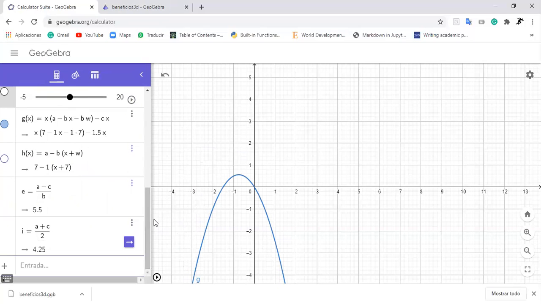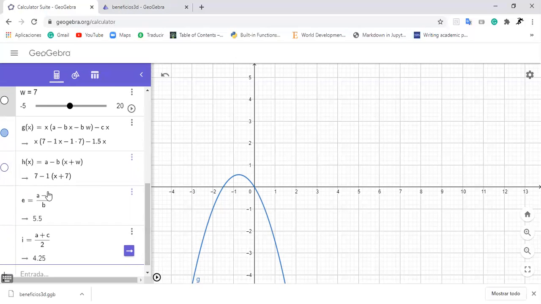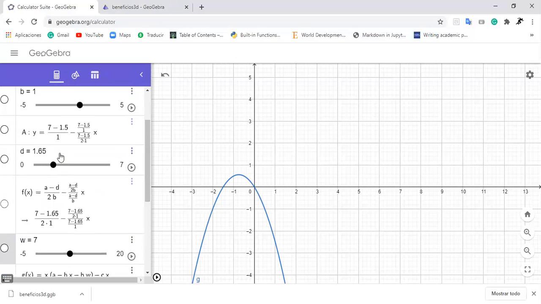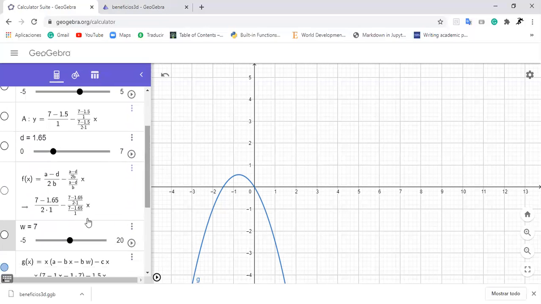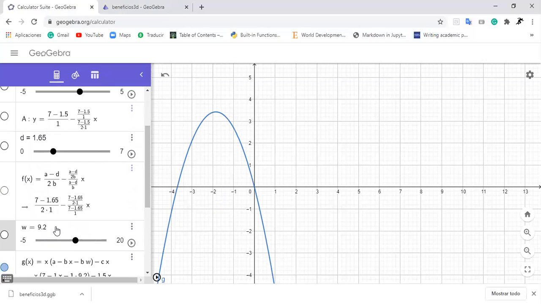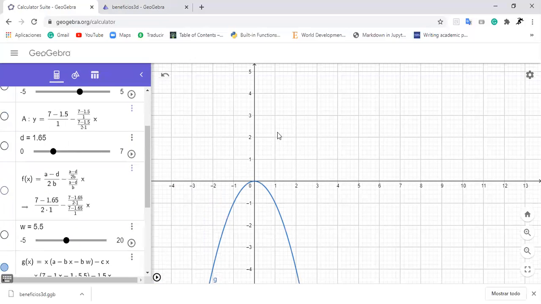And this bound is given by this expression, (A minus C) over B. So it's given by these parameters. This bound is 5.5. So what happens if firm number 2 is producing 5.5? Let me fix this, 5.5. Okay, the parabola is just at this level, okay? The maximum point of the parabola is just at 0, at this point.